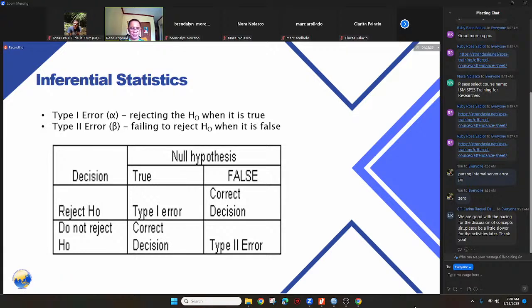However, if you do not reject when in fact it should be rejected, then there is an error there. That is type 2 error.